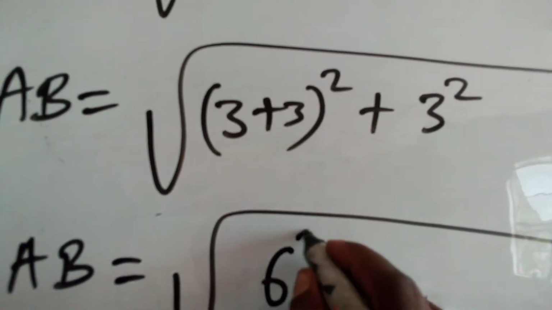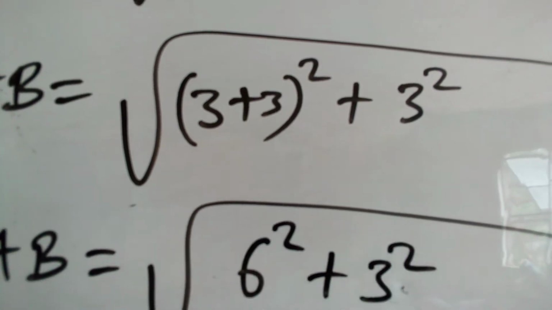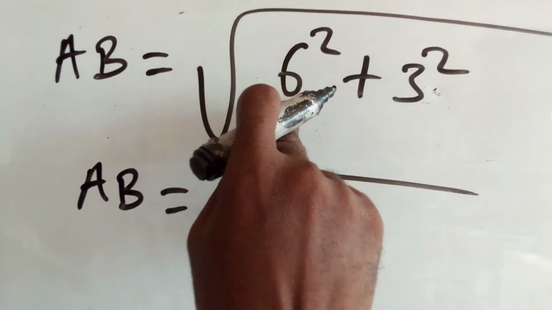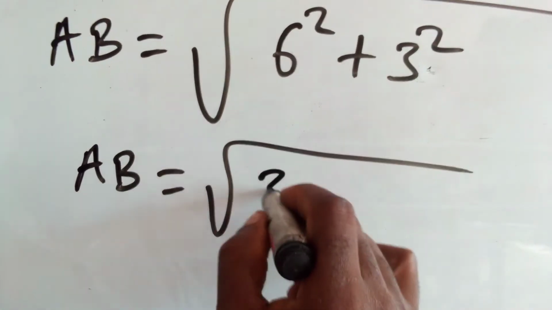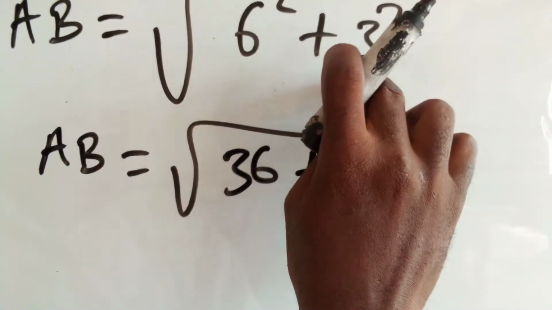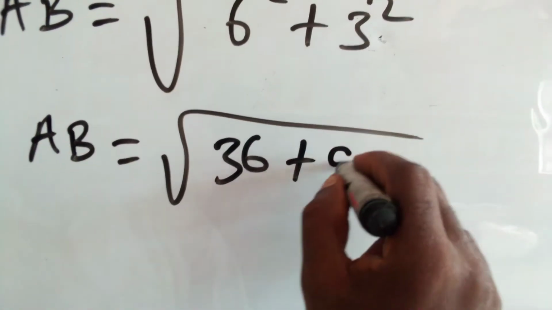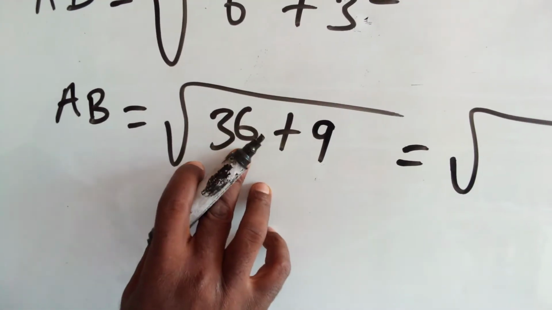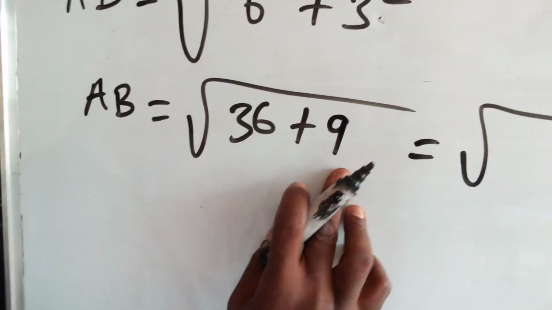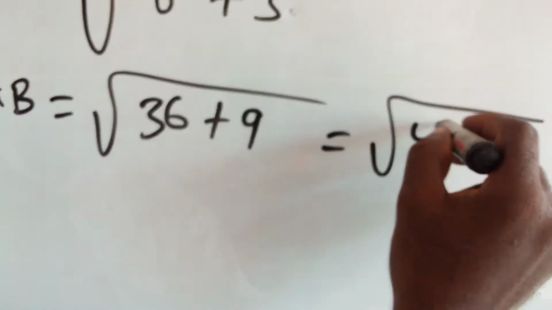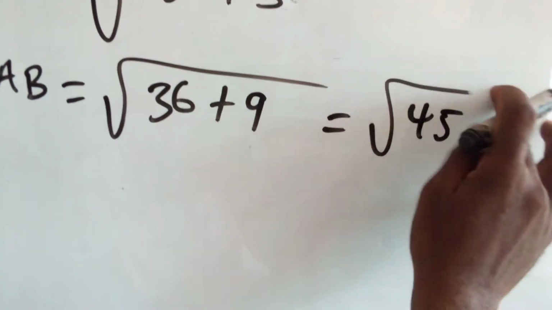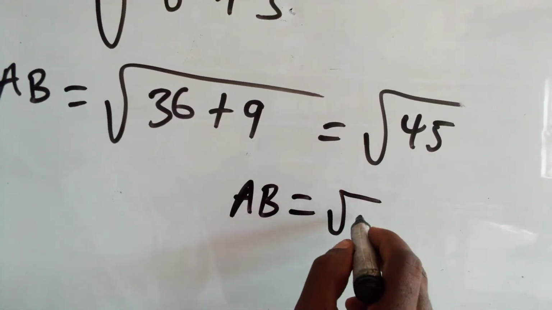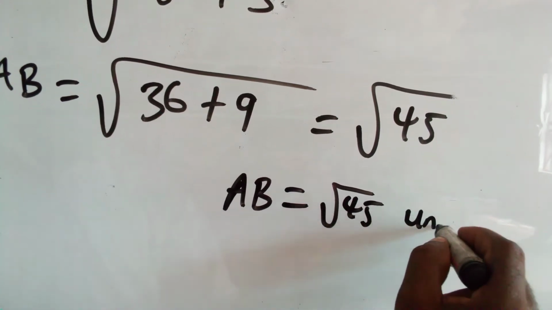So it will give you 6 square plus 3 square. 6 square is what? 6 times 6, which is 36. 3 square is what? 3 times 3, which is 9. So you now have 36 plus 9 will be 45. You now press this with the calculator. AB is the square root of 45 units.